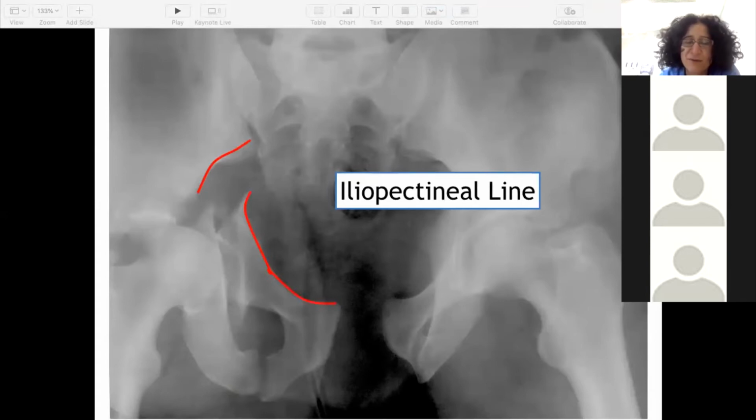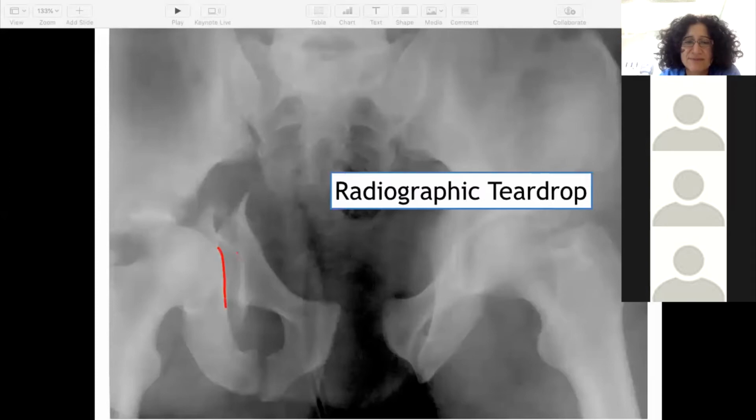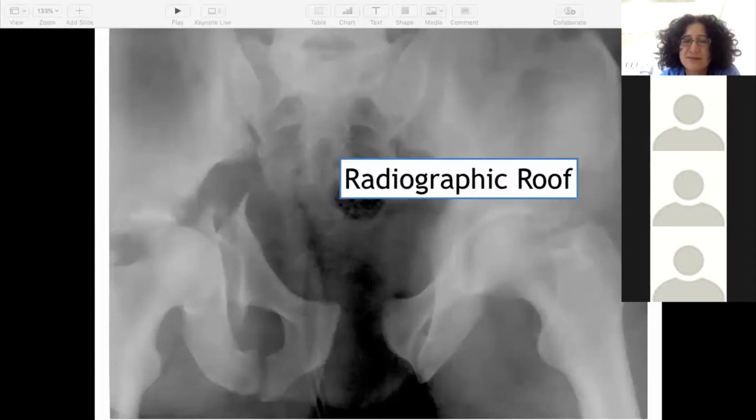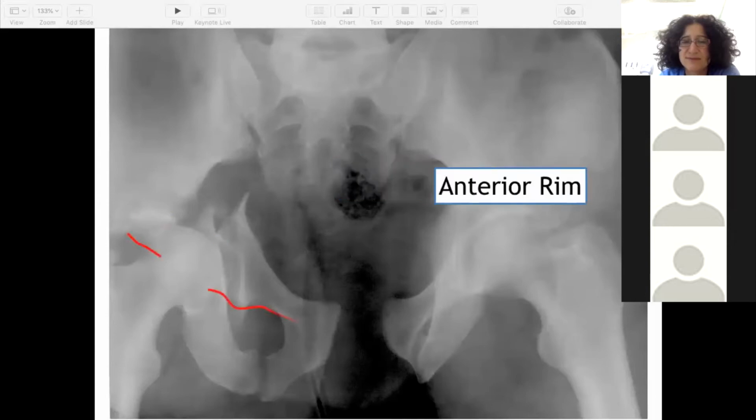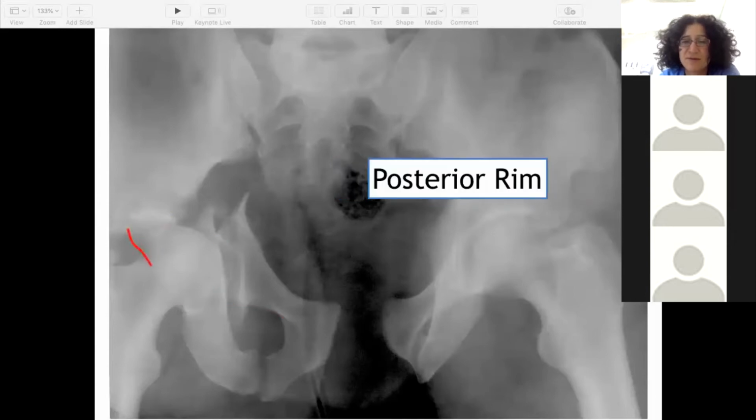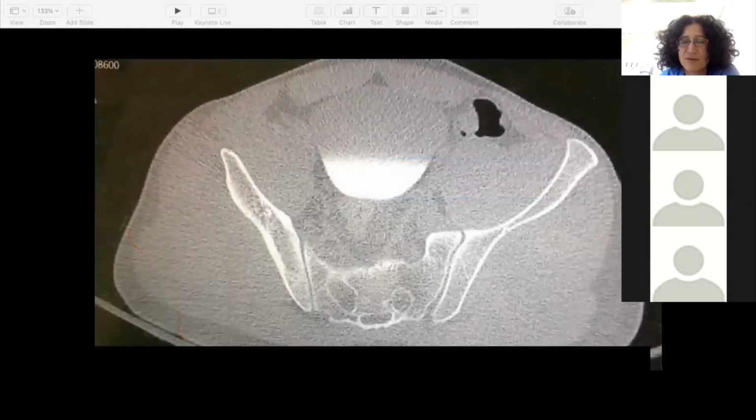So the anterior column's broken. The posterior column's broken. The teardrop is split in two, and the roof is split in two. The anterior rim's broken and the posterior rim's broken. So it's a T-type. Okay, the fracture that I'm going to show you next is not a T-type.